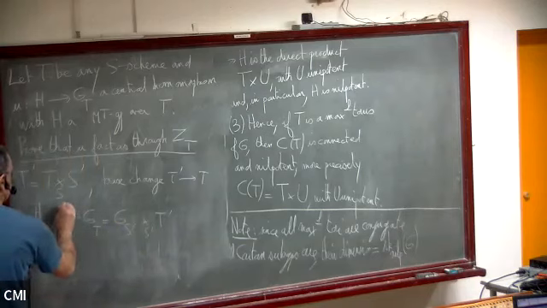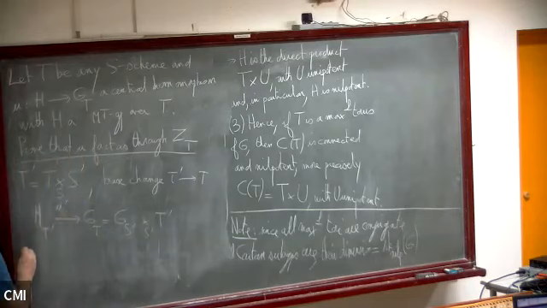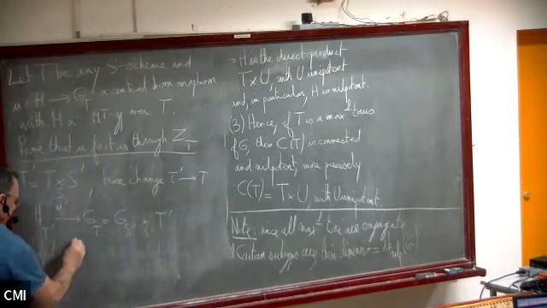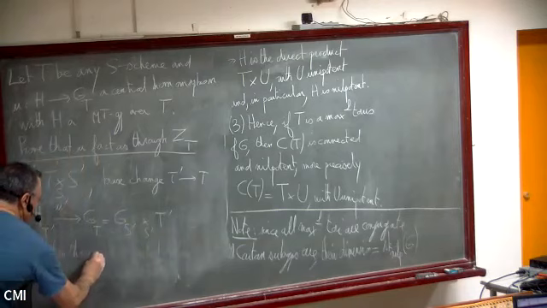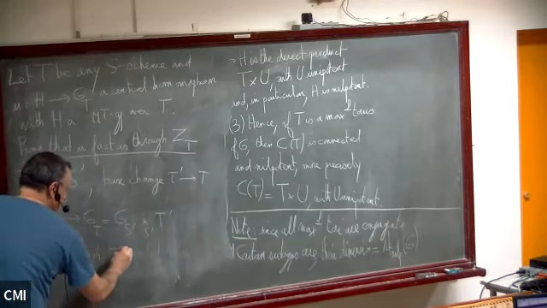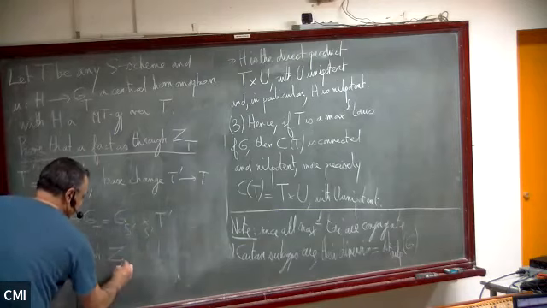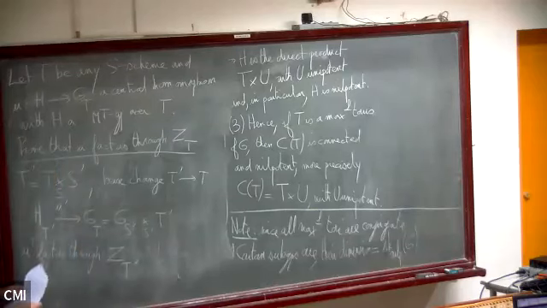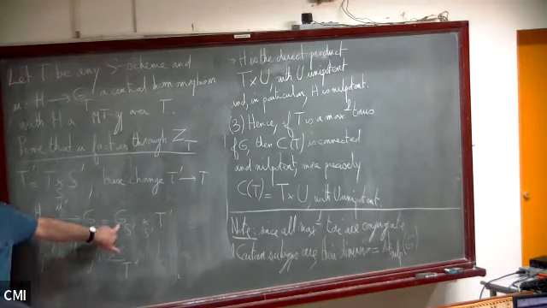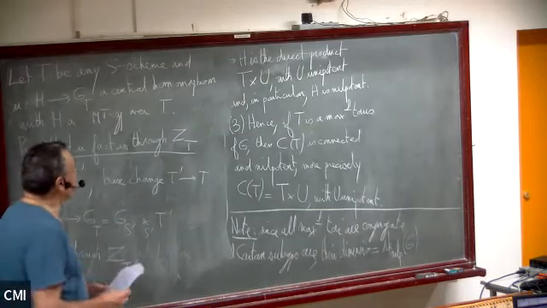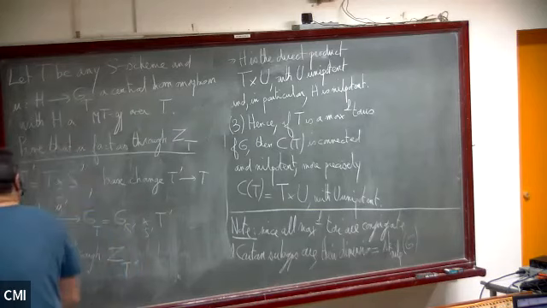So this is U base change. Let's call this U prime. And so we know that U prime factors through Z_T' because Z prime was a reductive center of this one. Okay, so we have this factorization.